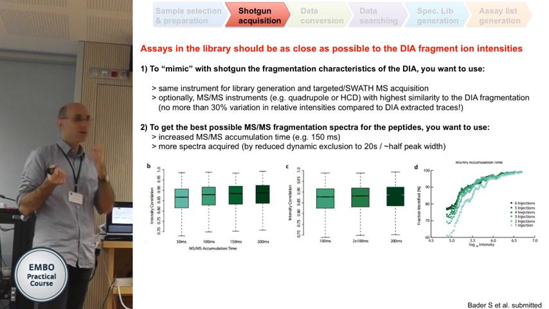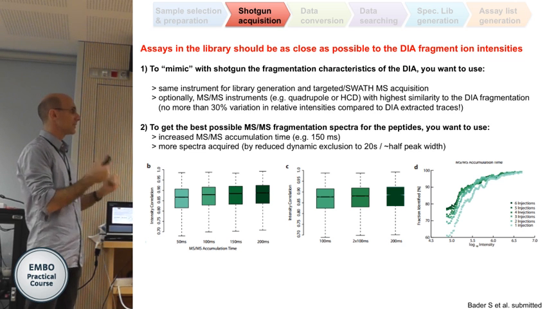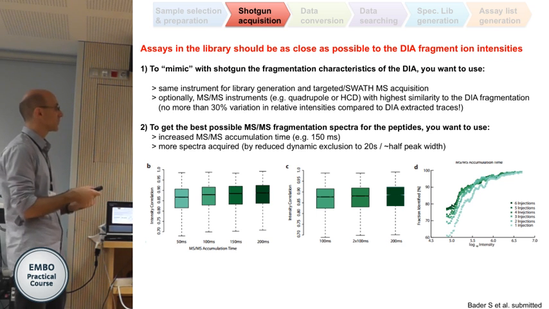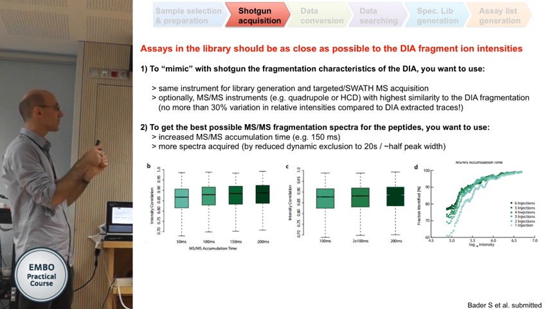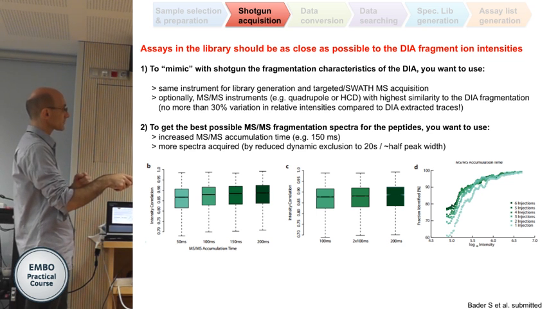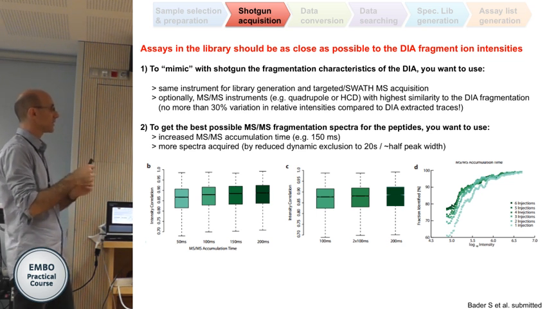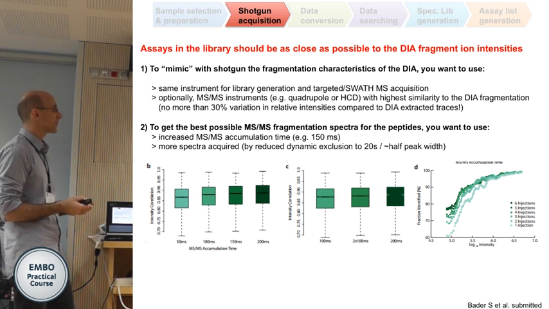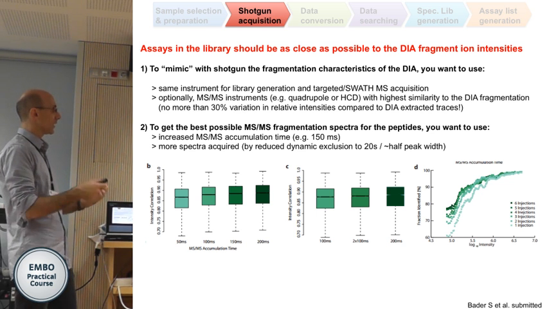So you heard about the parameters important for SRM acquisition, and these are parameters that you might want to use for shotgun acquisition in order to get the best possible spectral library, again, for targeted proteomics. And what we recommend is actually not to operate the machine as fast as possible, but rather to be a little bit more conservative and use a little bit longer accumulation time.